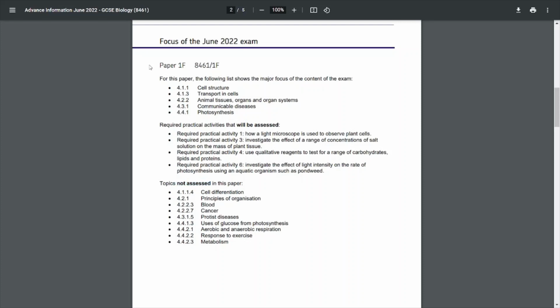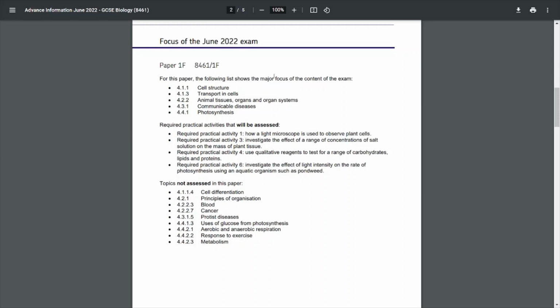If you're doing biology, physics and chemistry as separate sciences, or triple sciences, I'm going to refer to them throughout the video, and you're on the foundation course, cell structure and cell transport are going to be major focuses, while cell differentiation, which is part of cell structure, won't be included at all, and two practicals, microscopy and osmosis, are going to be assessed.